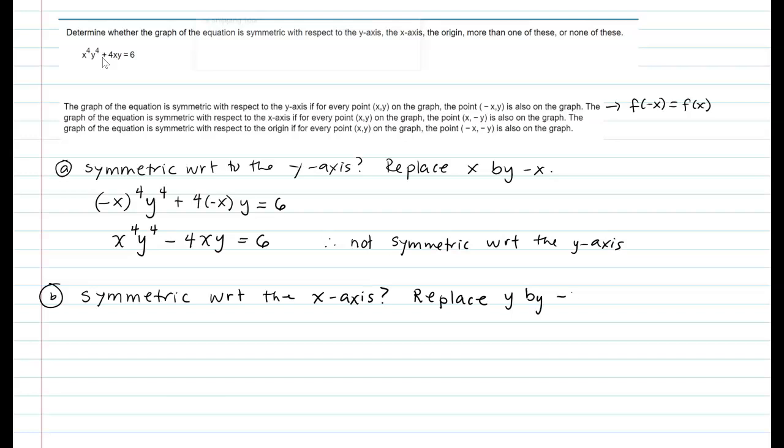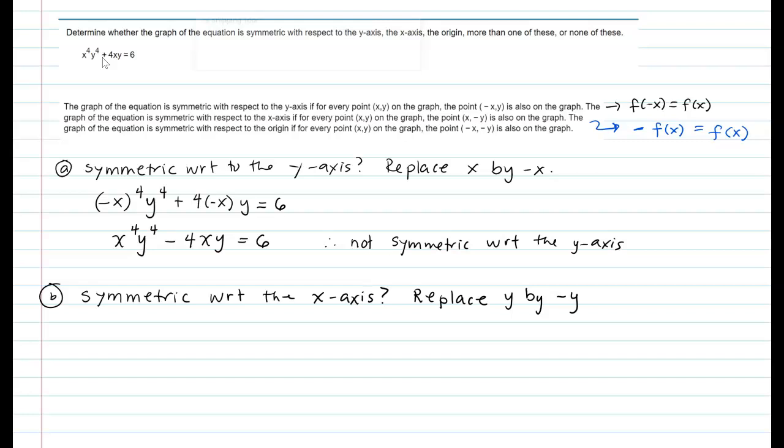If you get the original equation back, then that expression is symmetric with respect to the x-axis. So again, for that part, you would have to replace the y by negative y, and then see if you get the original expression back.